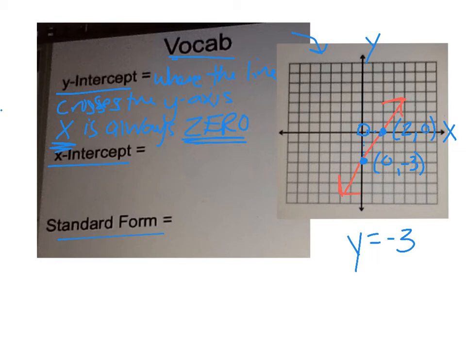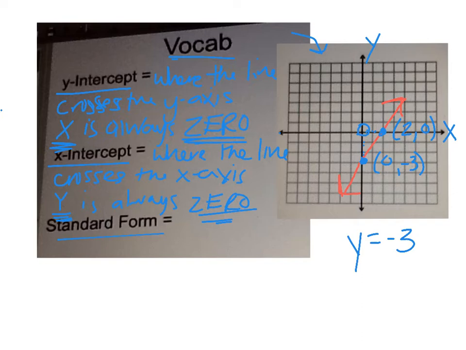So the x-intercept is where the line crosses the x-axis, and add to it that the y is always 0. So those are the two pieces of information: the y-intercept, in which x is 0, and the x-intercept, in which y is 0. It has to be the opposite variable, because otherwise the line will never cross those axes.